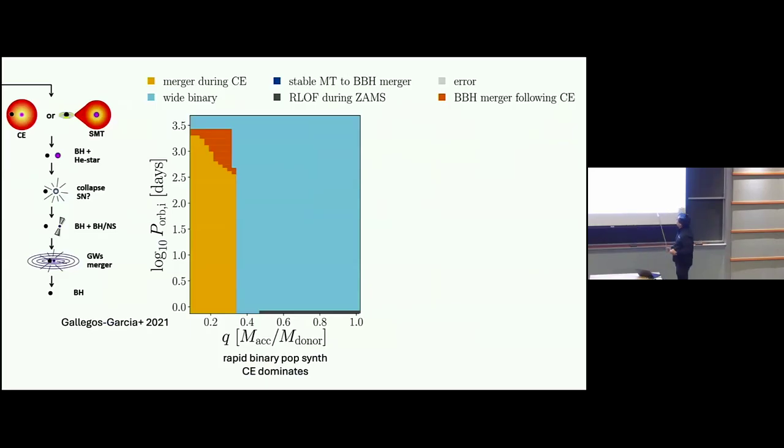The y-axis shows the black hole plus star initial period, and this is the mass ratio if you fix the stellar mass and change the companion black hole mass. These are the results from binary population synthesis about how you can form merging black holes. Basically, it's this parameter space here, this orange channel, which says that you're mostly forming through common envelope.